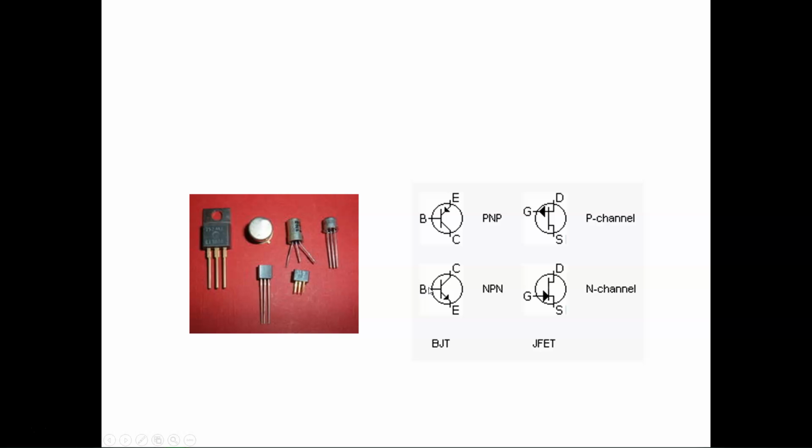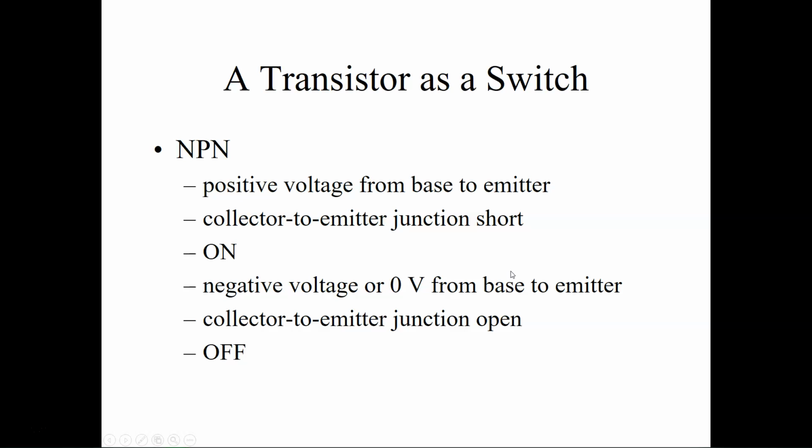Then the NPN, you have your base that is feeding out to your emitter. Your collector and your base are both feeding into that emitter. So for an NPN, you have positive voltages from base to emitter with your collector to emitter junction shorting out, if it's in the on state. Negative voltage or zero voltage from base to emitter, and the collector to emitter is open, it's off.